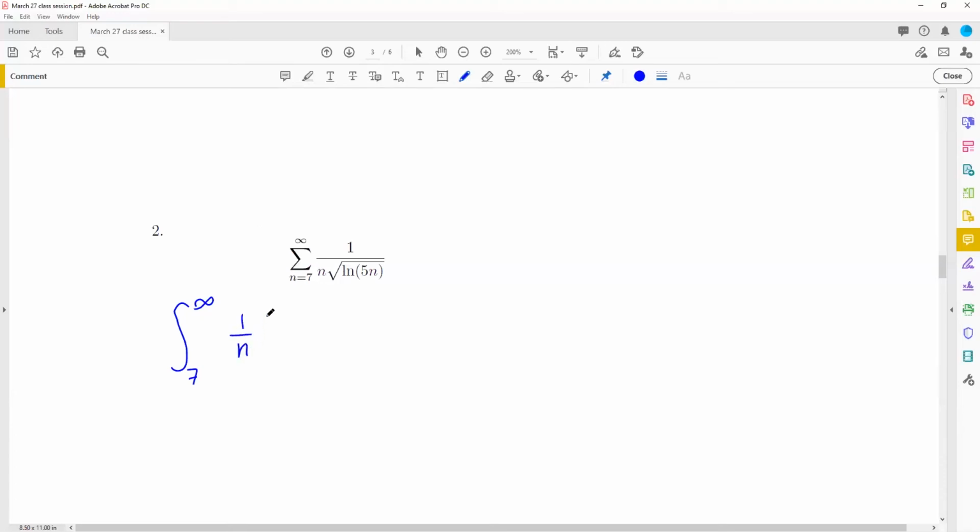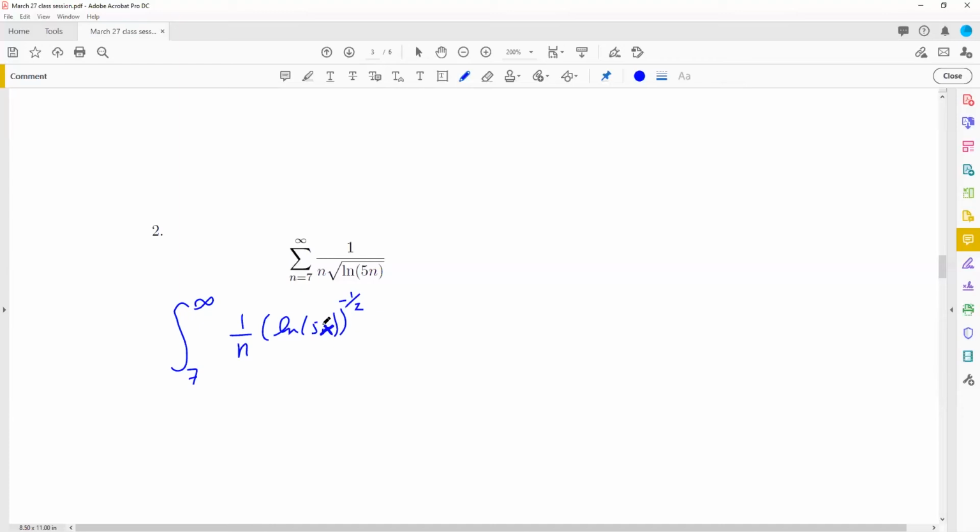Okay, so we have 1 over n, and then we have ln of 5n to the negative 1/2. So I'll write it like that. Also, instead of n's, let's use x's.